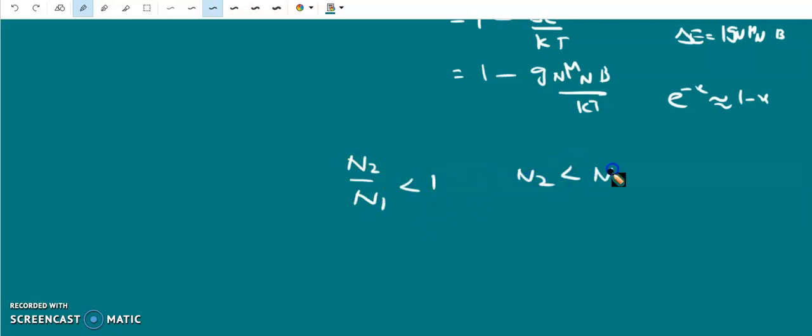So the upper level has a population slightly less than the lower level, or the lower level has a population greater than the upper level. Since the populations of the upper and lower levels are almost equal, the upward and downward transitions are induced to the same extent.